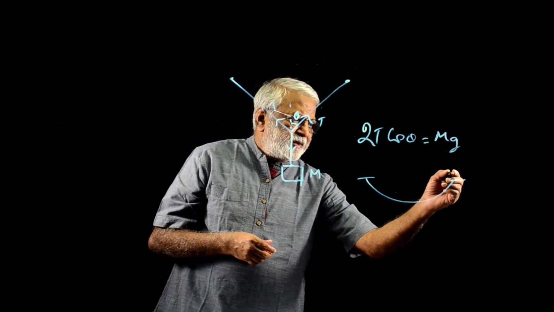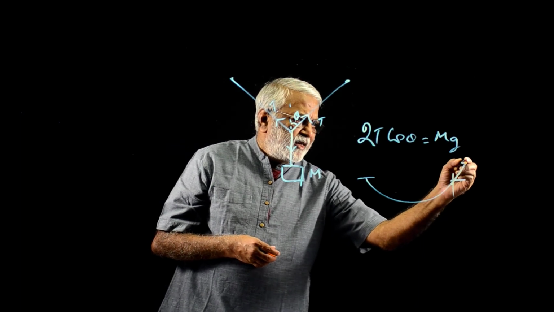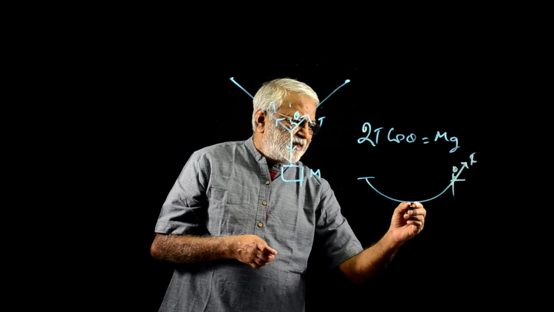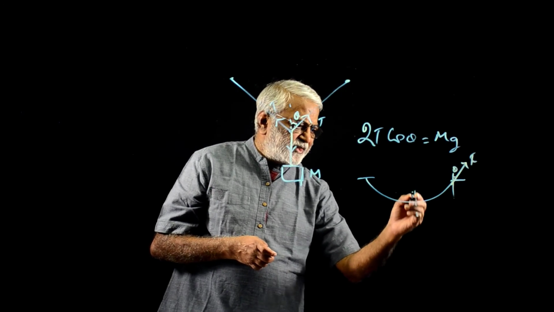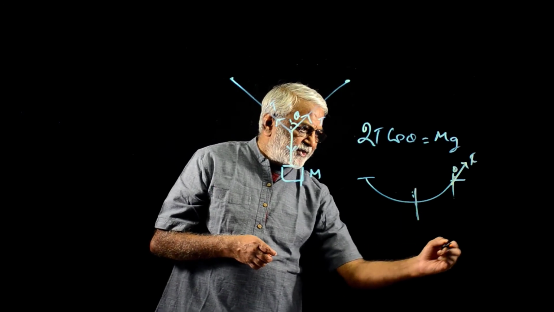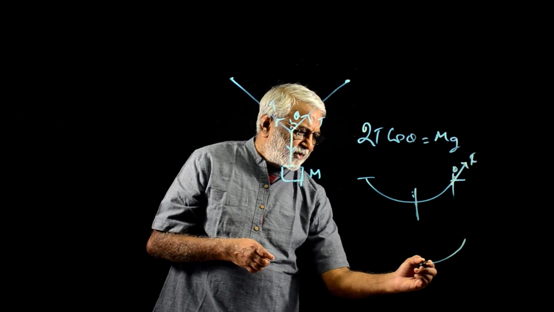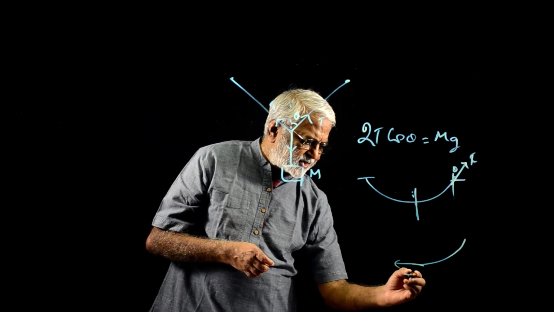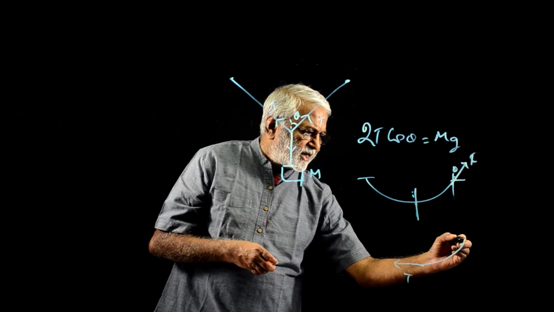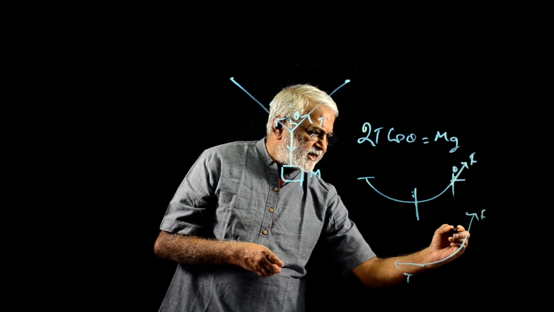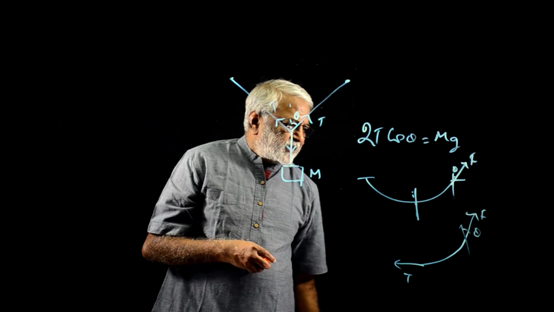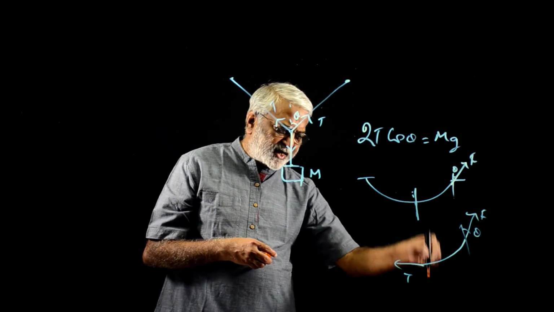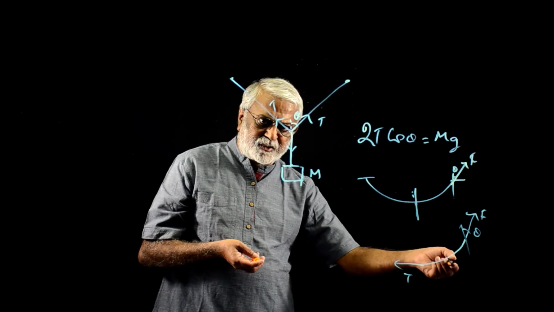Well, supposing the tension here is F, and this angle is theta, we can consider one half of this, and for this half, the tangent at the bottom is horizontal. So if the tension here is T, and the tension here is of course F at an angle theta, F cos theta is going to balance the weight mg by 2 of this portion.